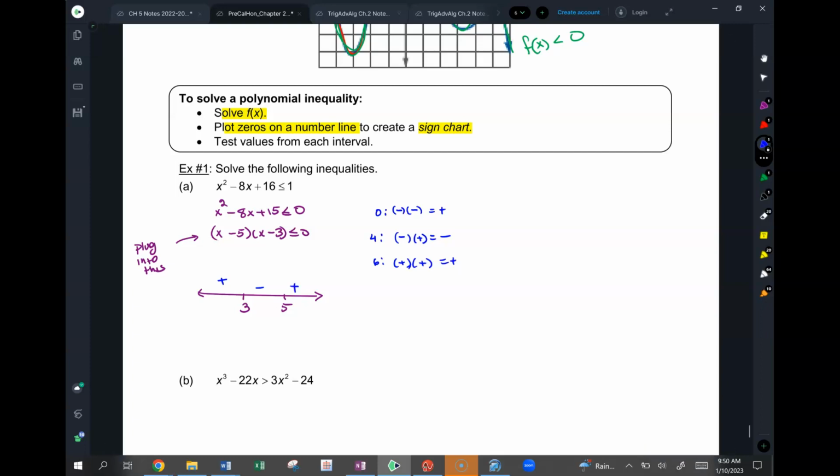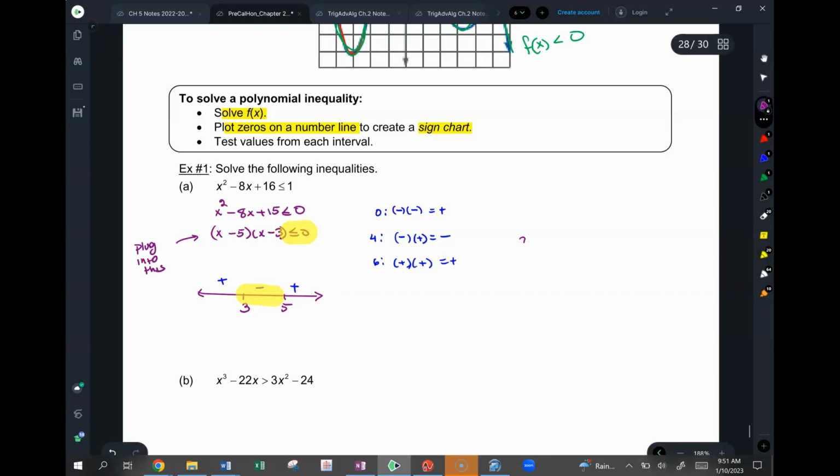Now, what is the question asking me for? Go back to when you factored it, right? We want the polynomial to be less than or equal to 0. Less than or equal to 0 means we want it to be negative. We want this region here. That's the region where the function is negative for those values of x.